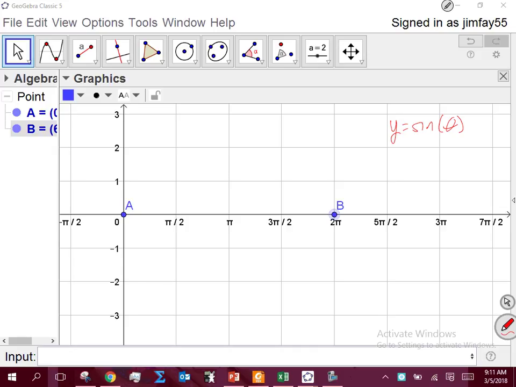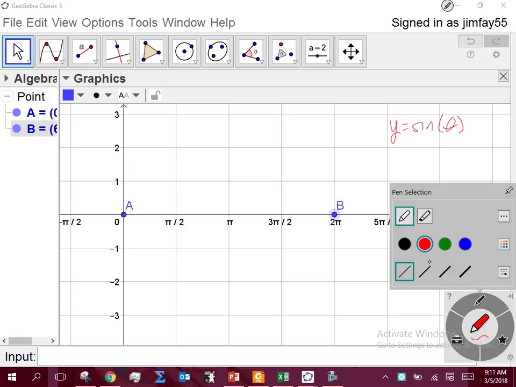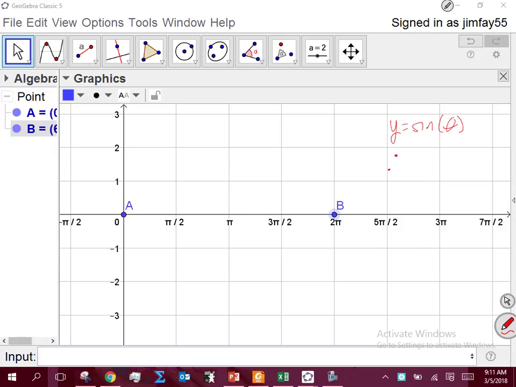What we are really doing is graphing the set of ordered pairs of the form: whatever this theta is, comma, the y value from the unit circle that is attached to that theta. Does that make sense?